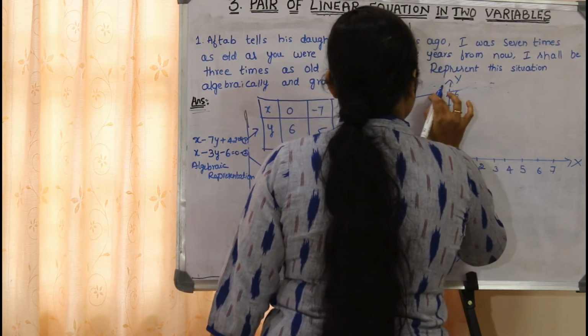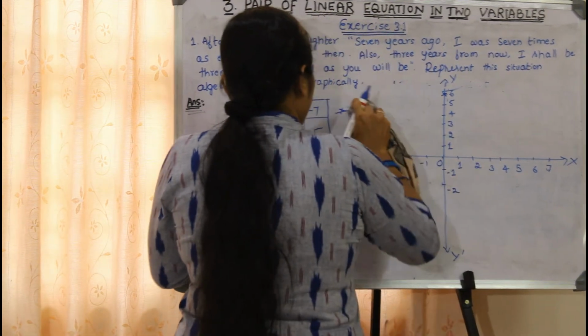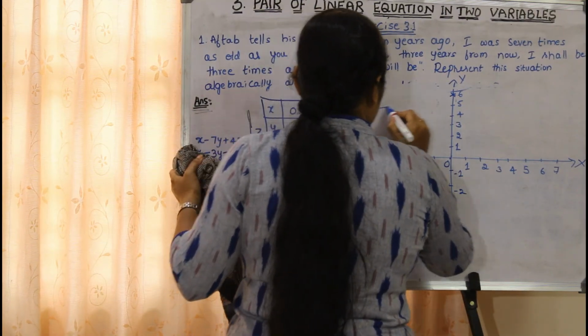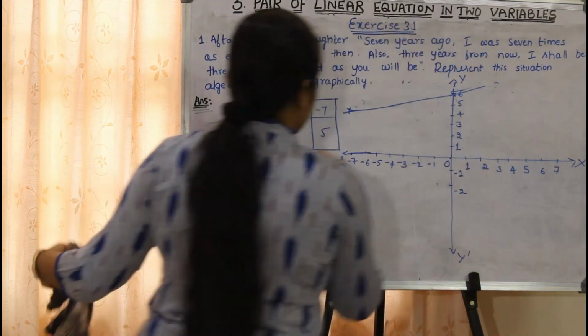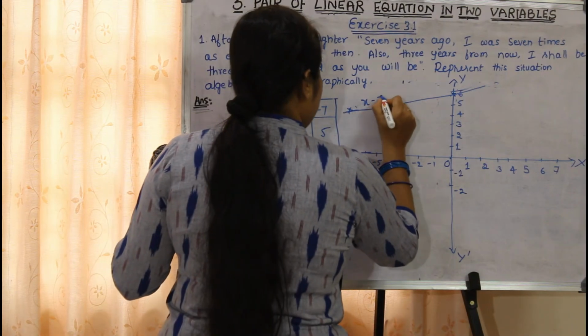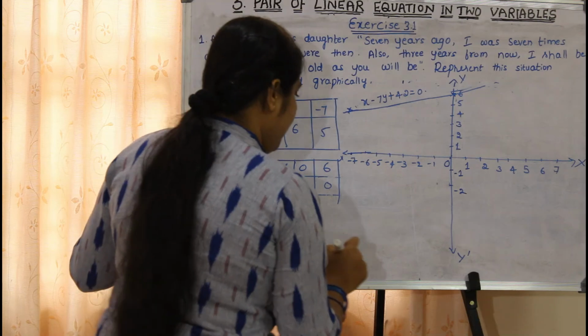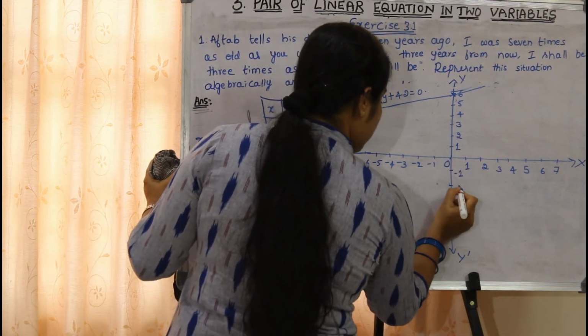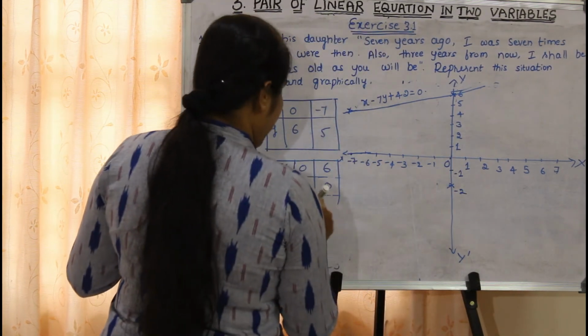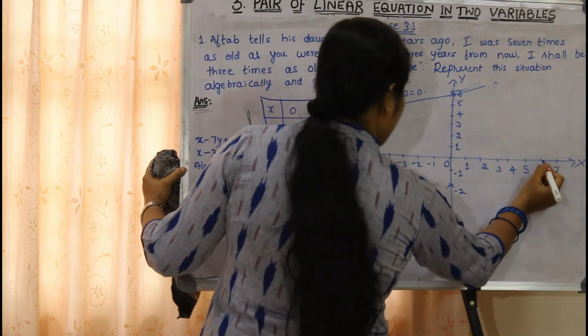So this will be somehow like this. Okay, so which is this equation? x minus 7y plus 42 is equal to 0. Now the second equation, x is 0, y is minus 2, and then x is 6, y is 0.